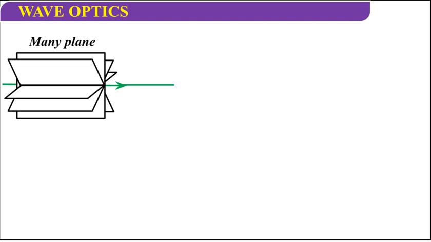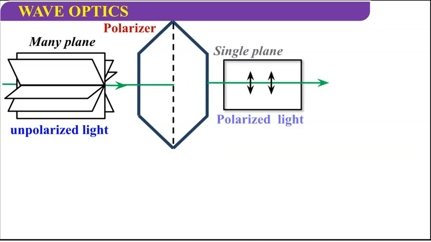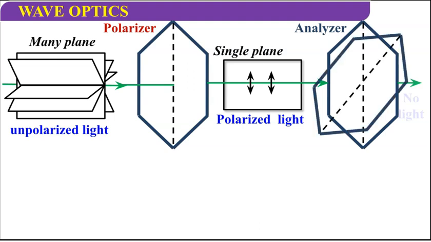The unpolarized light, which has many planes, passes through a polarizer, which is the optical axis. The remaining filtered lines will be a single plane, that means it's polarized light. The analyzer is what we use to analyze. If the analyzer is shifted by a particular angle, there will be no light received.